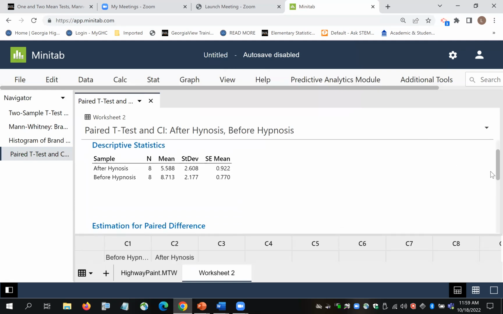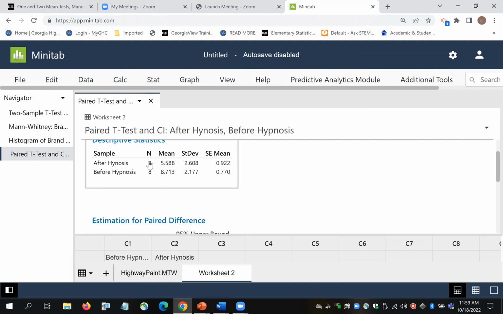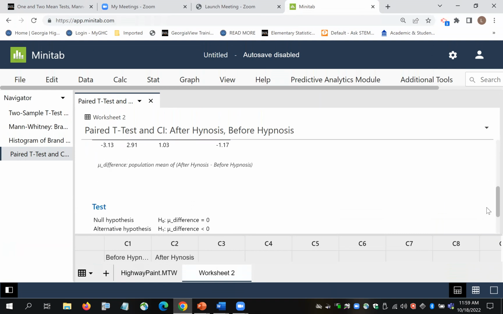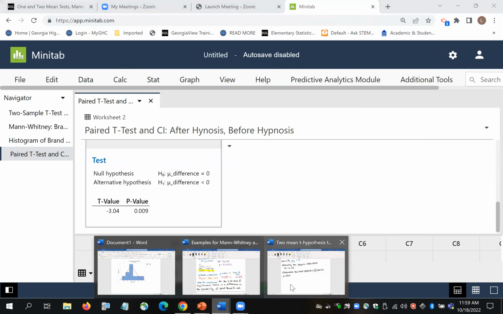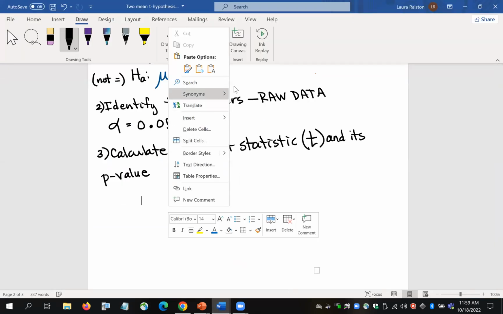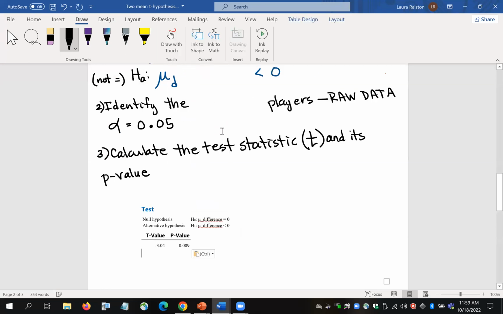Okay, again, if we needed it, Minitab has calculated the mean and the standard deviation for after, and the mean and the standard deviation for before, if I needed it. Okay, what I need is my test to get my test statistic and the corresponding p-value.